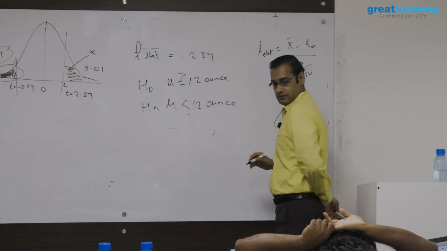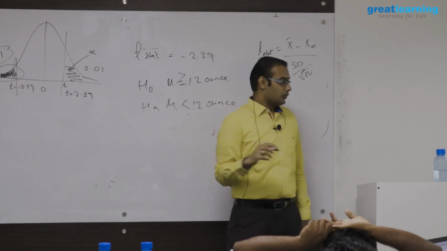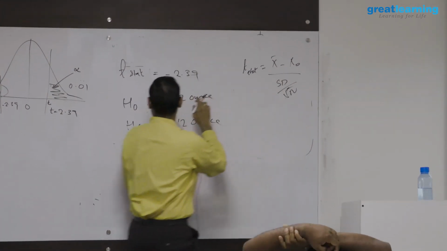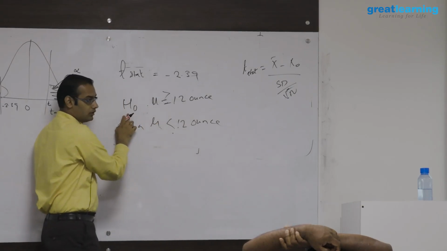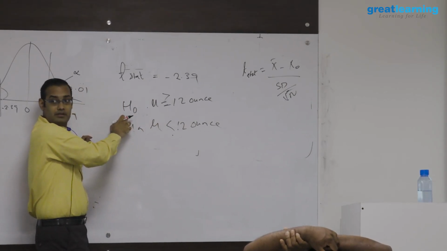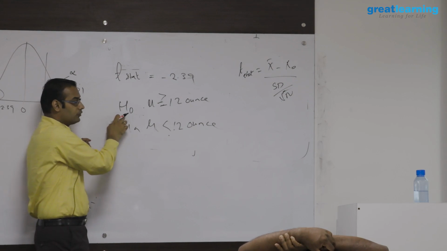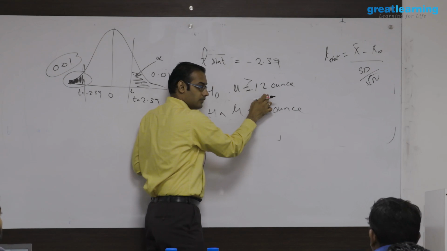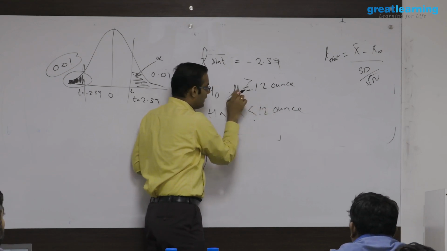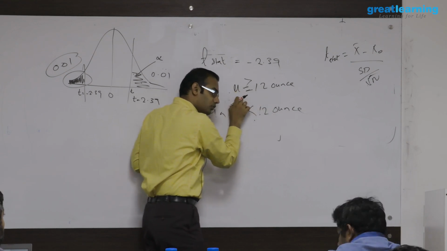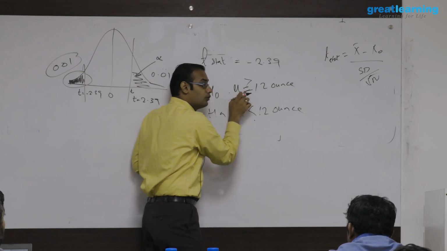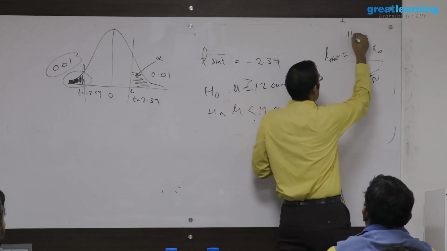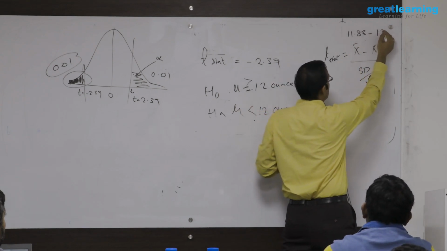Now in this formula, I know x bar. Now when I say H naught, just hear me out, everyone. If I make null hypothesis H naught mu greater than equal to 12, then the reference point is greater than equal to 12.